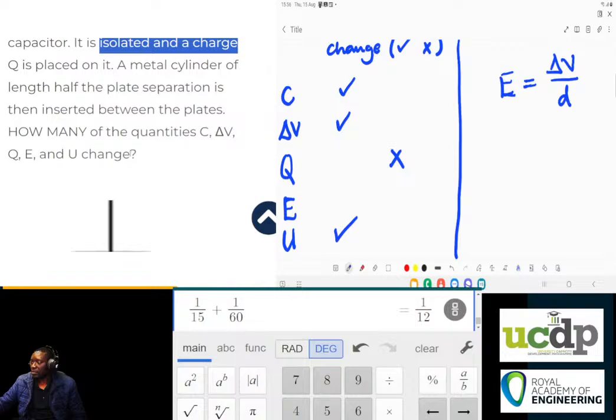With this one, we already know that the voltage will change, but what about the distance? Is it the distance between the plates? It's constant. It doesn't matter where the dielectric is relative to the plates. So that distance is basically only the distance between plates.